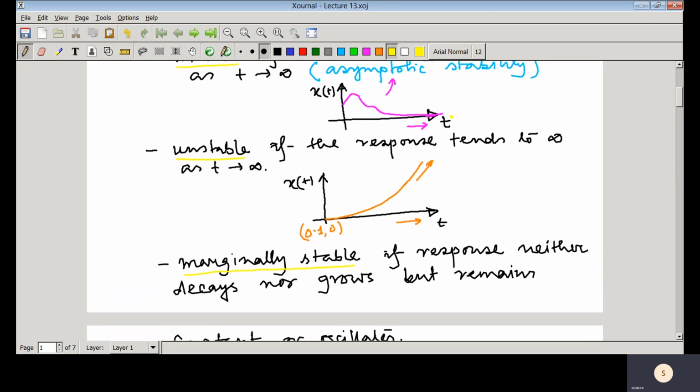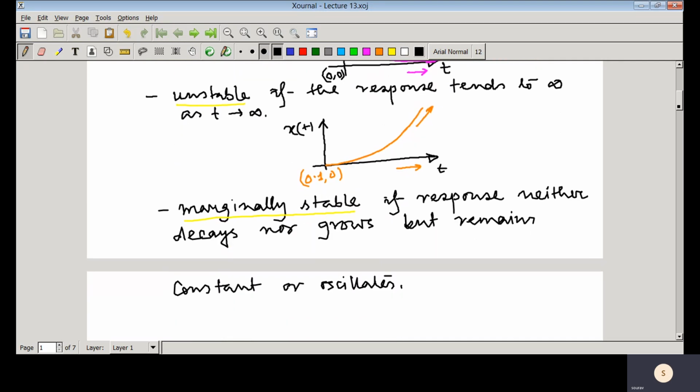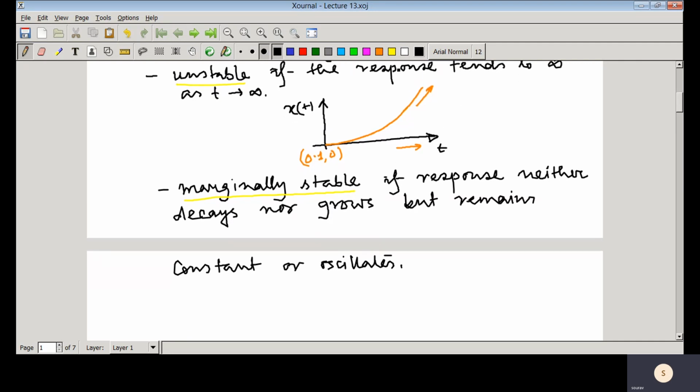In this case, the response decays to 0, and in this case the response grows to infinity. So what is marginally stable? Marginally stable is that the response neither decays, that means the case 1, nor grows, that is case 2, but it remains constant or oscillates.